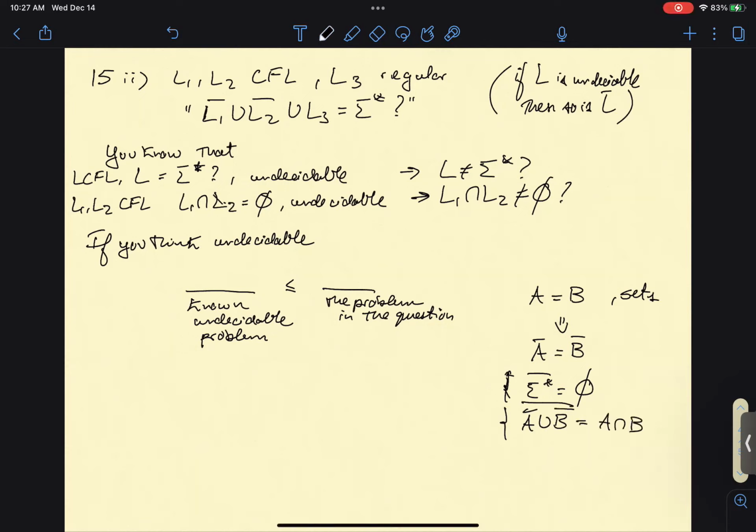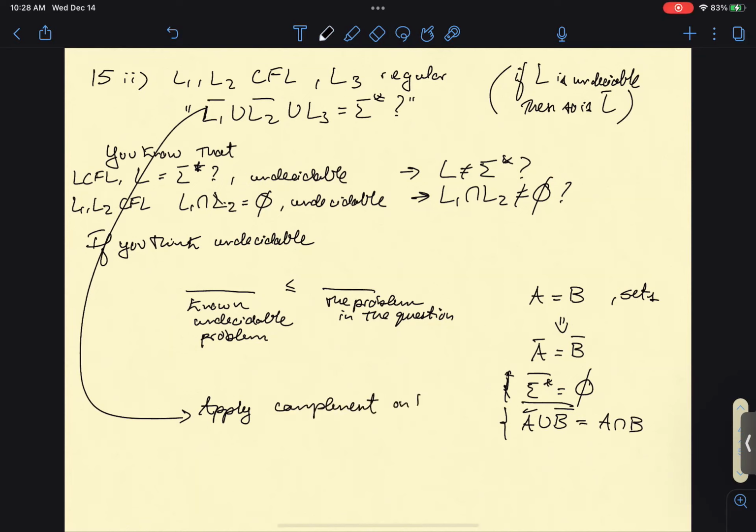Okay, good. So that means if I rewrite this here, but I apply the complement on both sides, then I get L1 complement union L2 complement union L3 whole complement equals sigma star complement.